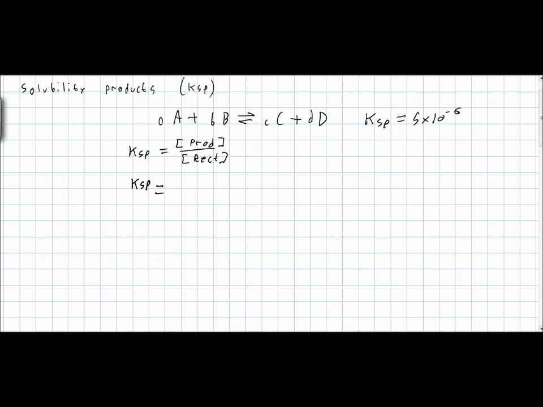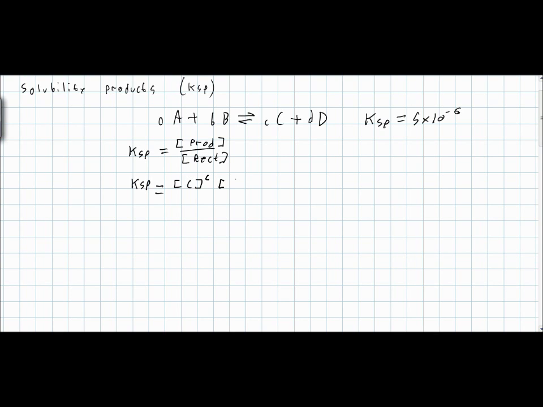So we have the concentration of compound C, and then we also have c moles of compound C. The c moles would then be put as a power of the concentration.